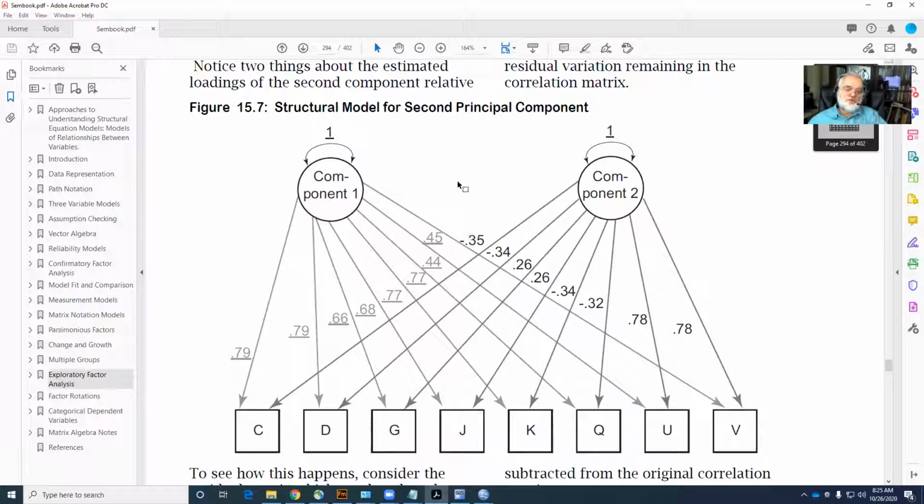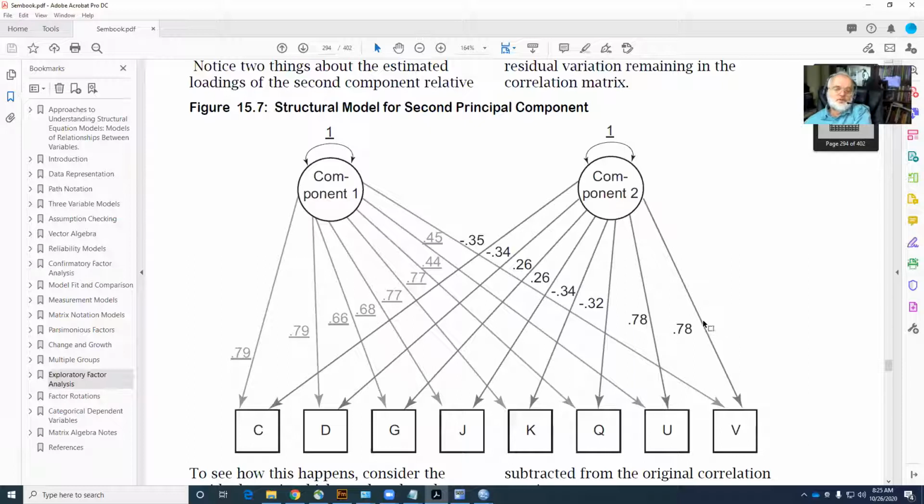Now, because this first component was done first, this is going to do the best job of replicating the correlation matrix. This component is only going to be able to have loadings that explain additional variance and covariance in the manifest variables.